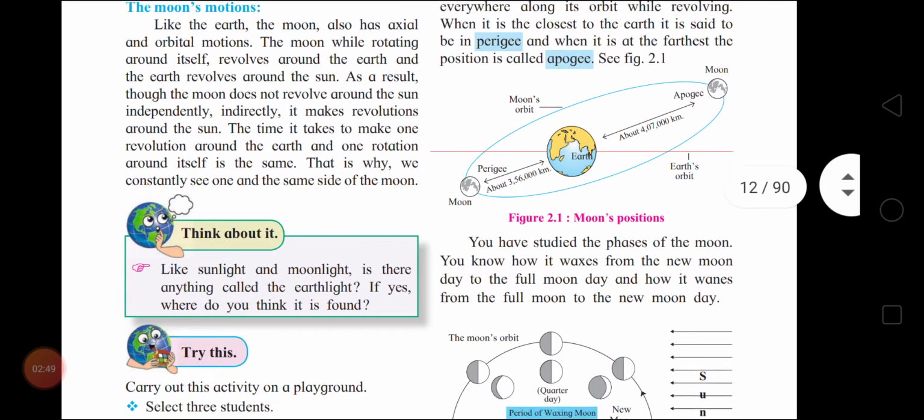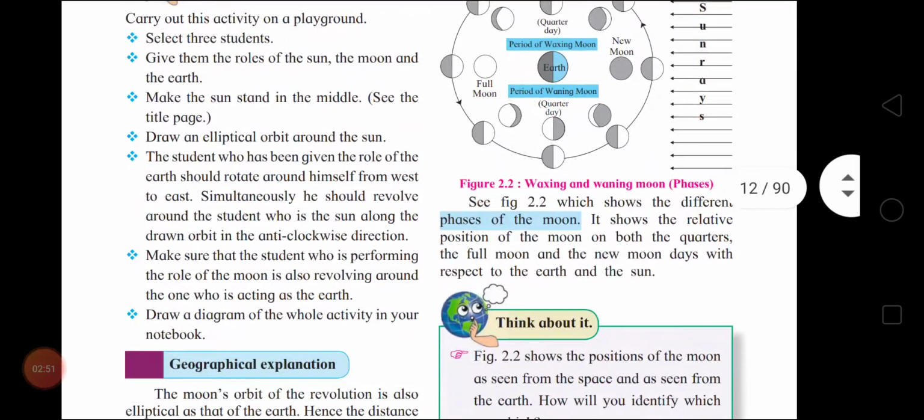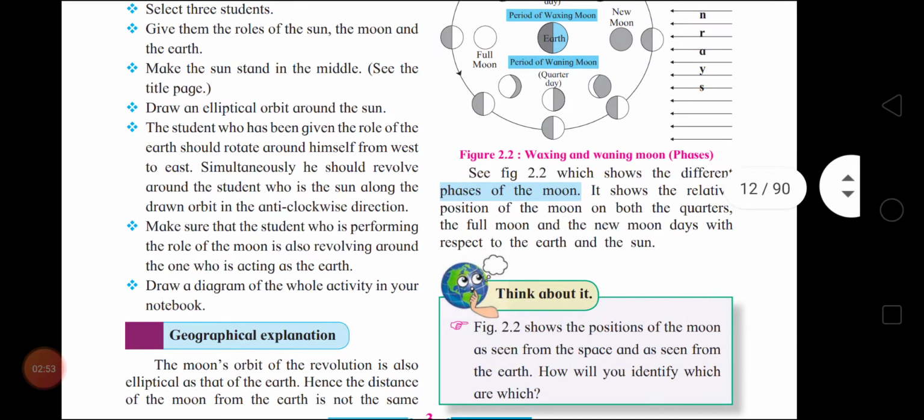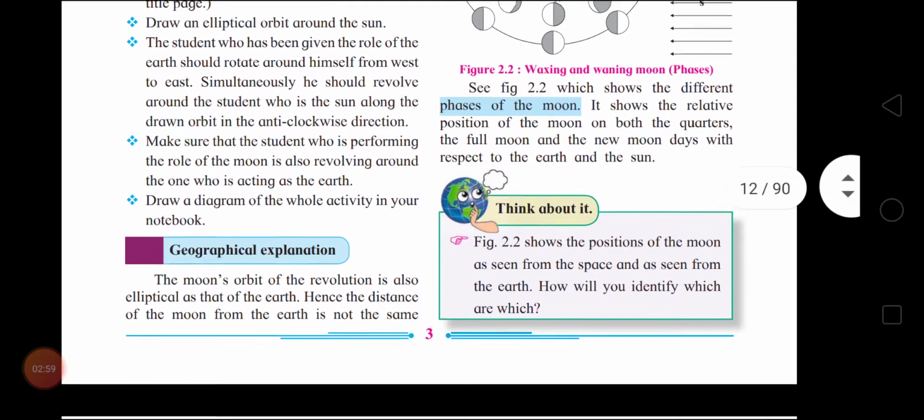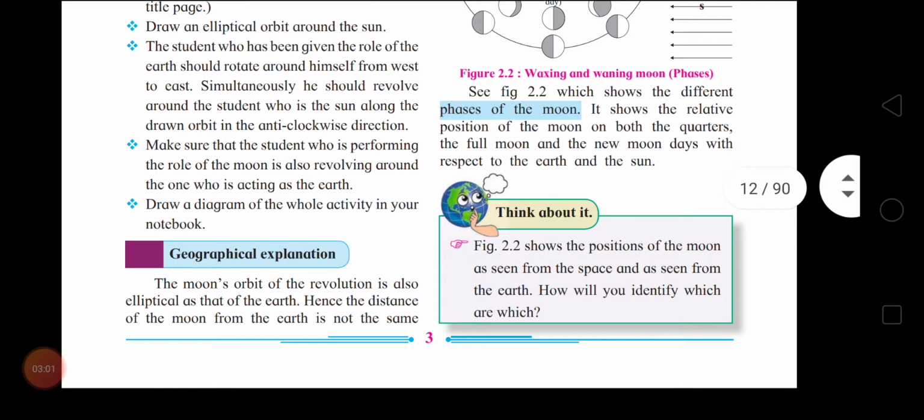Now, second, I am going to go through the apogee and perigee concept. Perigee and apogee. Here I'll read for you in the textbook, last geographical explanation. The moon's orbit of the revolution is also elliptical, like egg shape, as that of the earth.